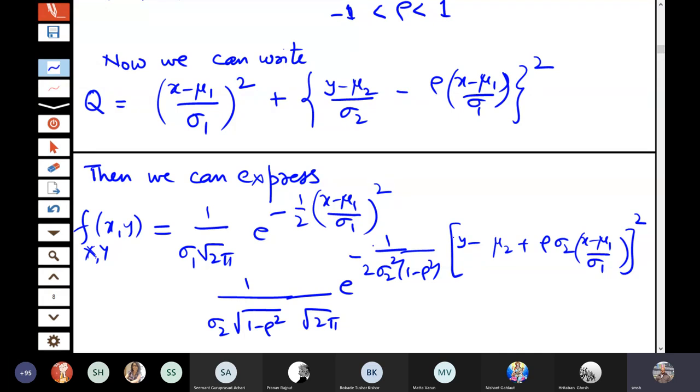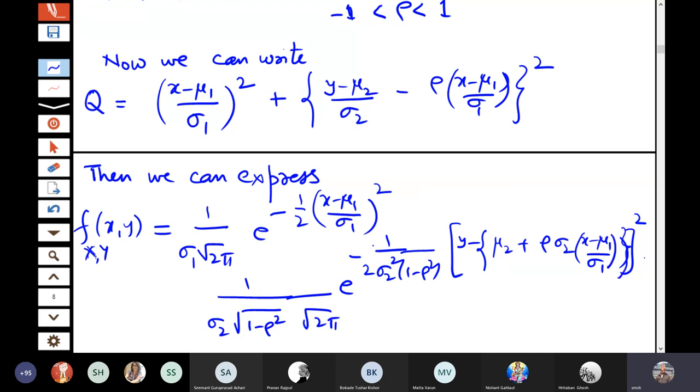Now suppose I want to integrate this with respect to y. I want to get the marginal distribution of x. Then I will integrate this with respect to y. The first term that I have written will not be integrated because that is involving only x. The second term is looking like a density function of y with a mean mu2. So I think I have missed out a sign here.